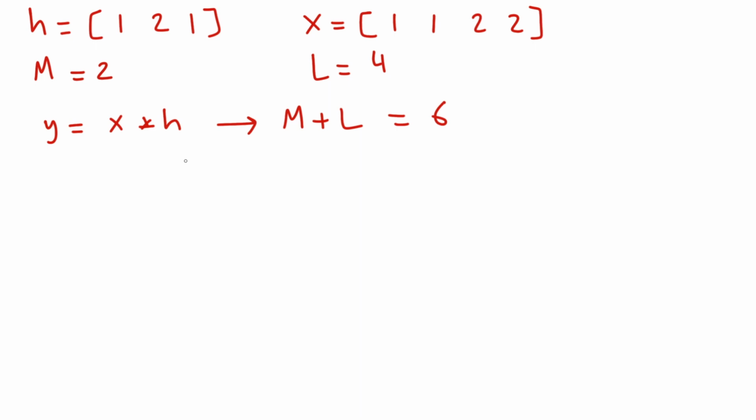For the convolution table, we have to put all of the x components as the columns and all of the h components as the rows.